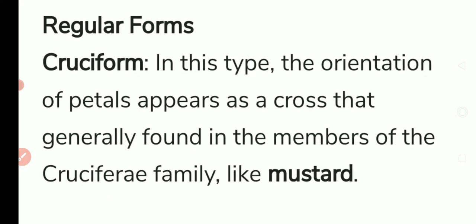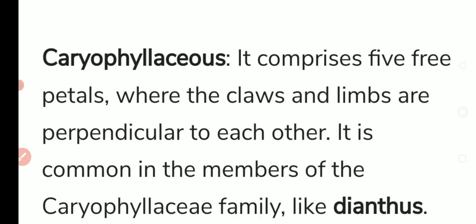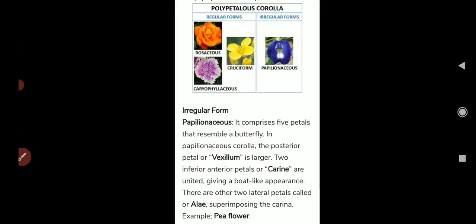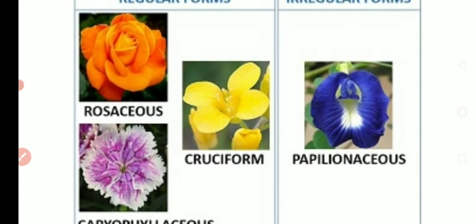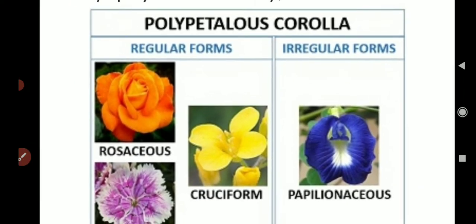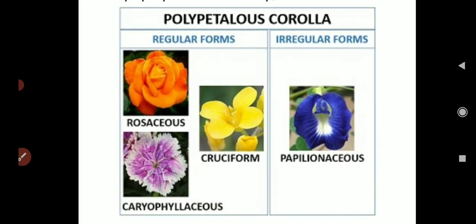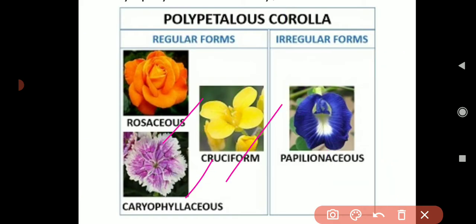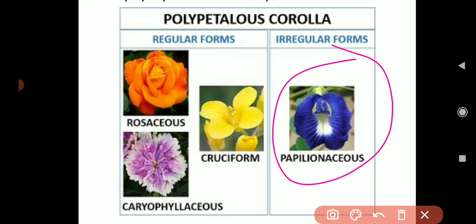Under regular, you have three types: rosaceous, caryophyllaceous, and cruciform. In the irregular form, you have only one, the papilionaceous. The cruciform appears like a cross.